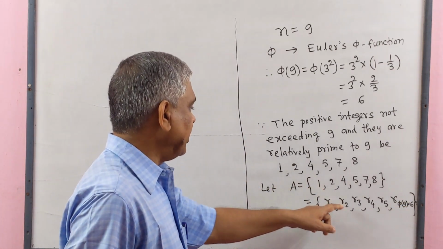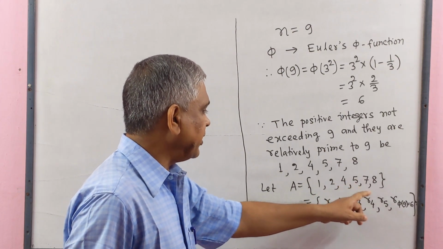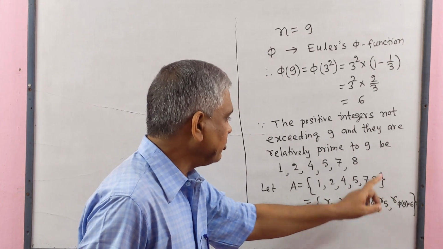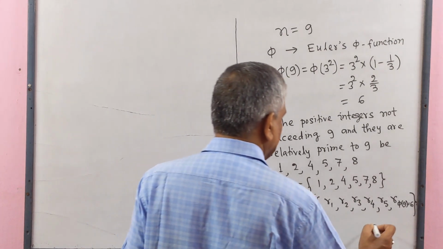R1 equal to 1, R2 equal to 2, R3 equal to 4, R4 equal to 5, R5 equal to 7 and R phi 9 equal to 8. Let this be number 1.